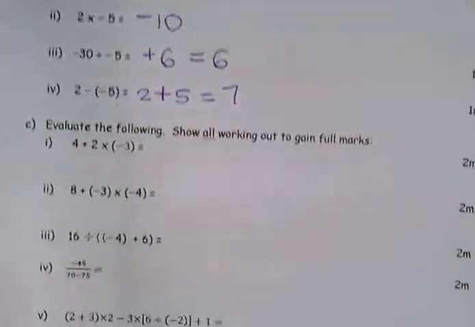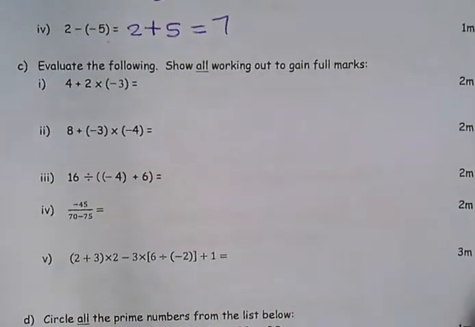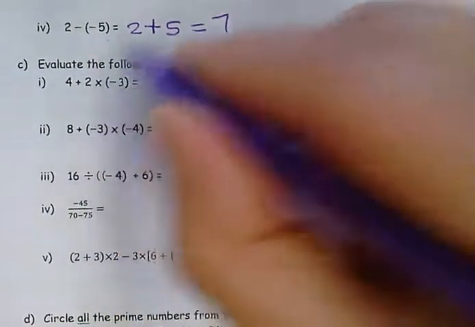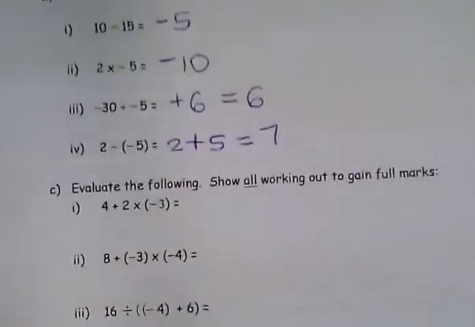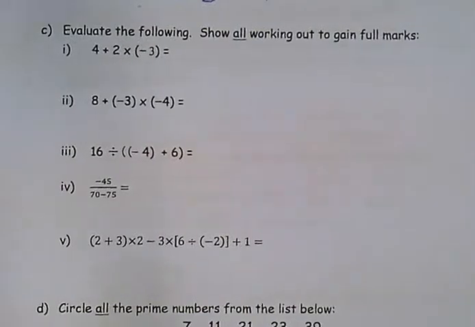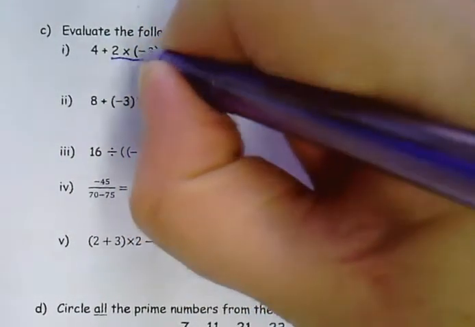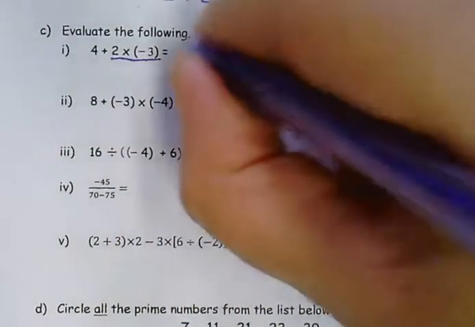Now evaluate the following, and you have to show all working to gain full marks. Now we have to use BODMAS here. And here we've got a combination of adding and multiplying. So 4 plus 2 times negative 3. BODMAS says we have to do multiplication and division before addition and subtraction.